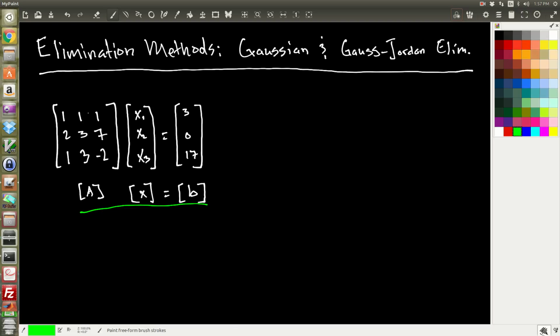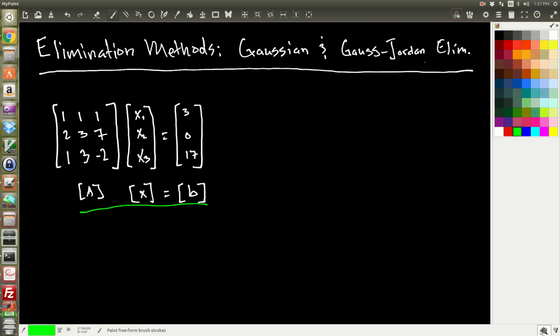If I multiplied this matrix equation out, I would actually get three equations with three unknowns, x1, x2, and x3. They've been put in matrix form, and now we're going to use matrix techniques to solve this problem, to find numbers for x1, x2, and x3 that satisfy these three equations.